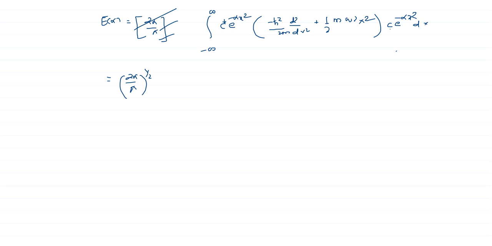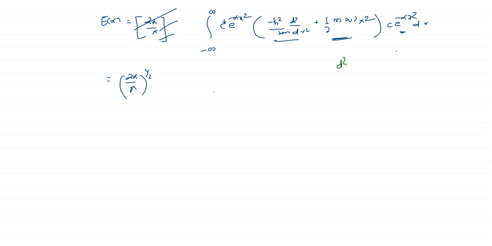Now this derivative will act on e raised to minus alpha x square, and also the half m omega square x square will act on e raised to minus alpha x square. Before writing this down, we will calculate the second derivative of e raised to minus alpha x square in the margin.